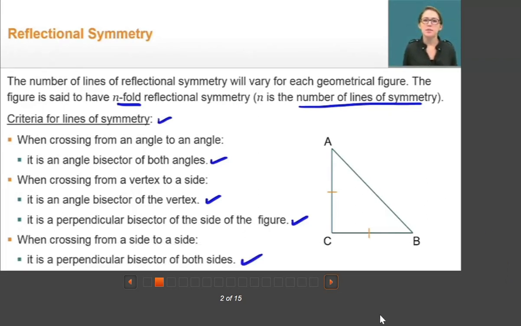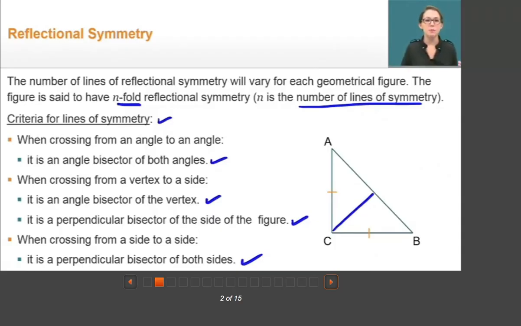Let's consider the lines of reflectional symmetry for this triangle. We already saw that the lines from the vertices A and B to opposite sides are not lines of symmetry because they do not bisect the angles. But let's consider a line from the vertex C to the midpoint of AB.